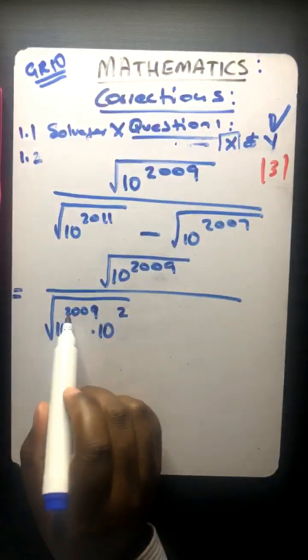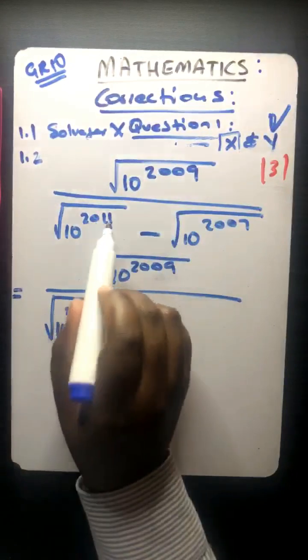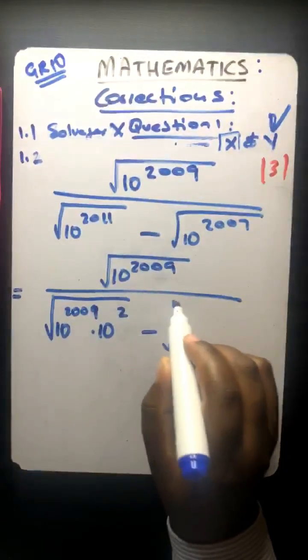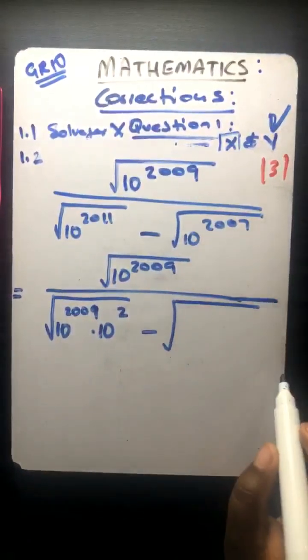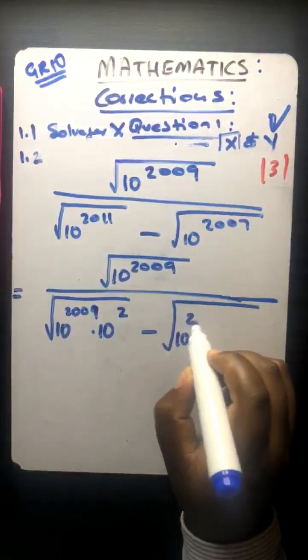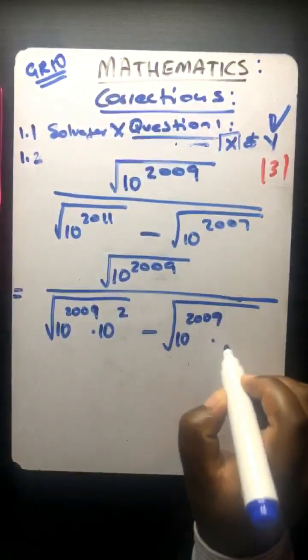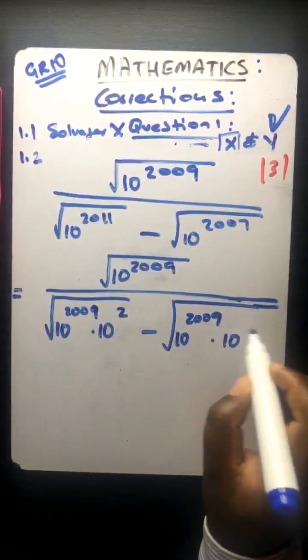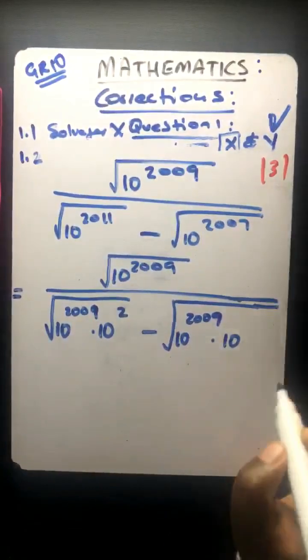Meaning, if you add 2, it takes you back to 2011. So let's try to do the same there. Are you sure that if we say 10 to the exponent 2009 multiplied by 10 to the exponent something, what can that something be so that it takes us to 2011?